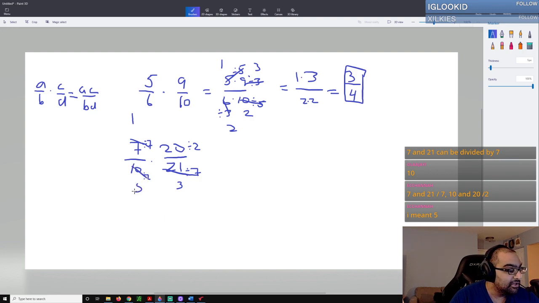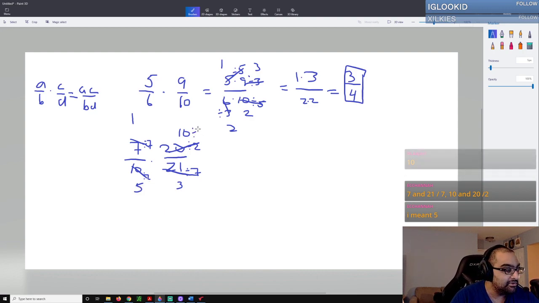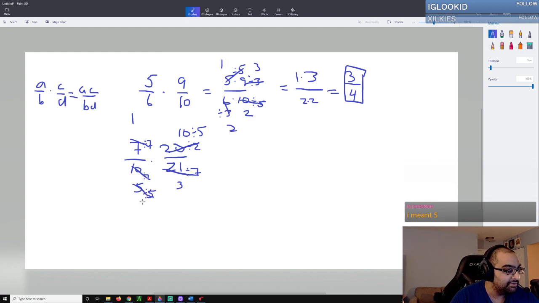Then you get 10 divided by 2, which is 5, and 20 divided by 2, which is 10. But then you notice you have a 10 and a 5, all right? That has a common factor. So you could choose 5 here, and you'll still end up right where you need to be. So you get 5 divided by 5, which is 1, and 10 divided by 5, which is 2. Okay, so both answers that you stated there are perfectly correct.